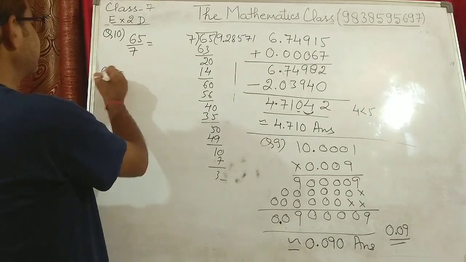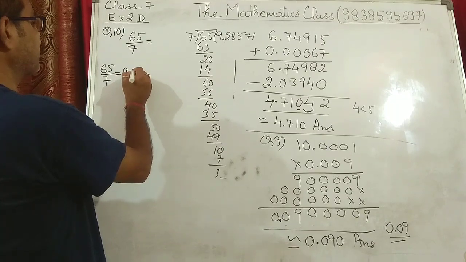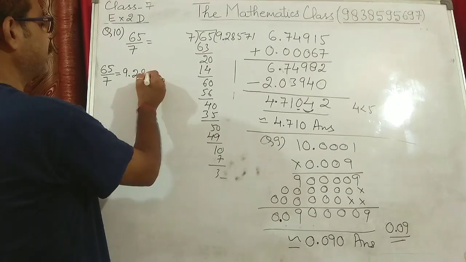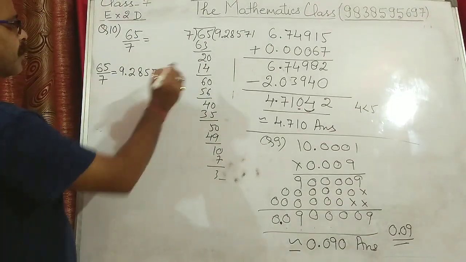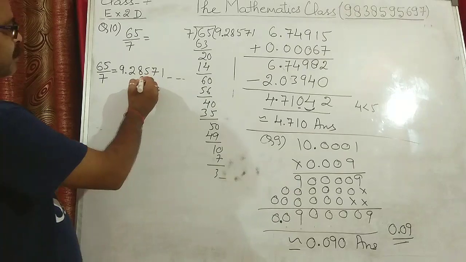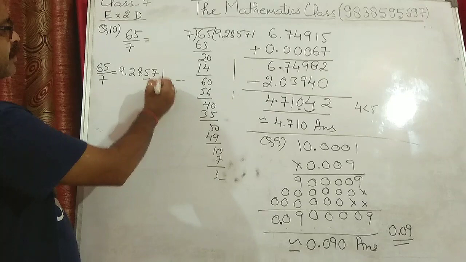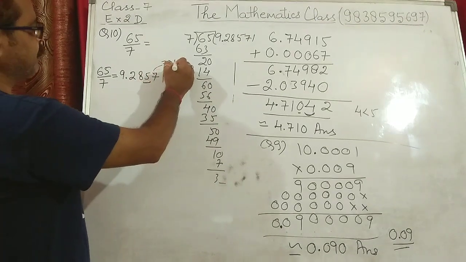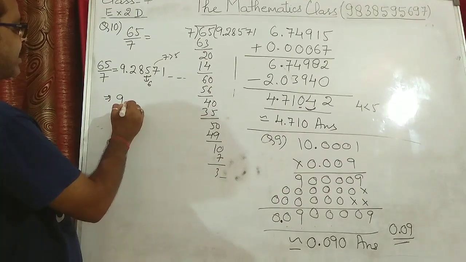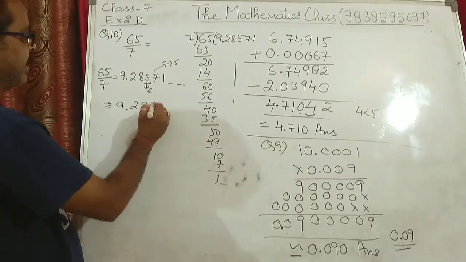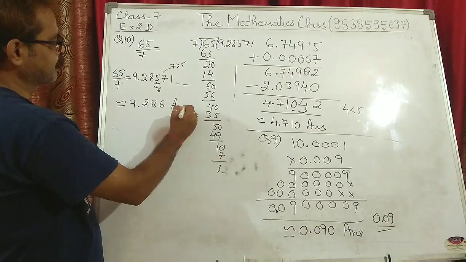It means 65 upon 7 can be written as 9.28571 and so on. But we have to convert it to 3 decimal places. The third is 5 and the fourth one is 7. Since 7 is greater than 5, 5 will convert to 6. So it can be written as 9.286. This is the final answer.